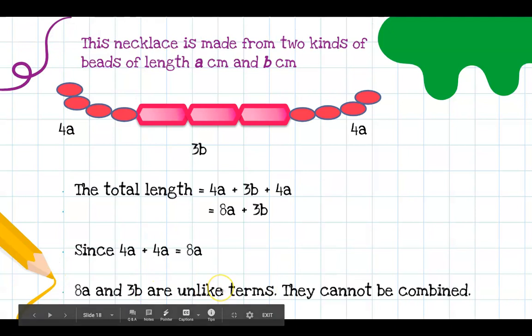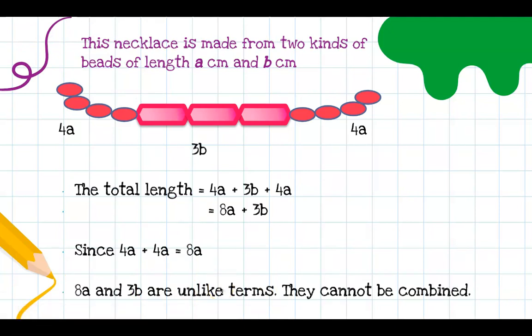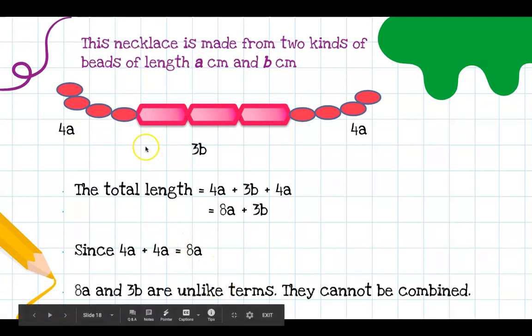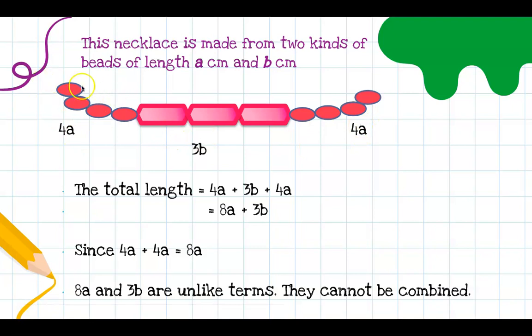Okay, now here's a different type. We have two types of beads. The ones that have the same type of beads, I call them A. So you have 4A here and 4A. You can combine them because they have the same variable, whereas the beads in the middle, which are larger, I can call 3B.